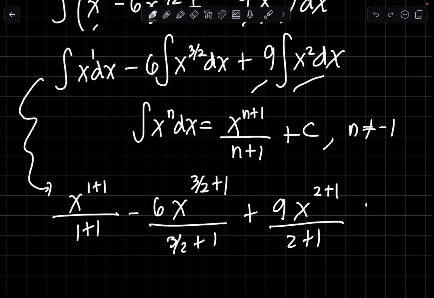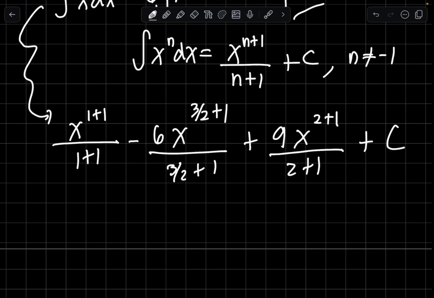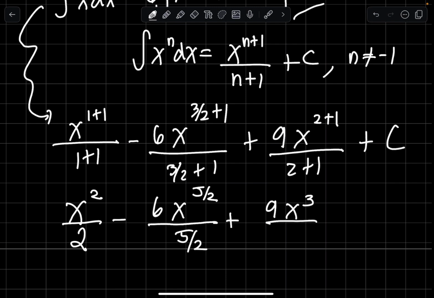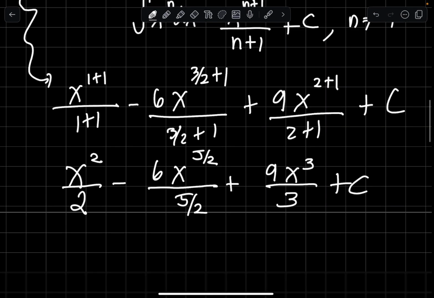Then don't forget to put plus c for the constant of integration. Simplifying, we have x raised to 2 over 2 minus 6x raised to 3/2 plus 1, that will be 5/2, over 3/2 plus 1, also 5/2, plus 9x raised to 3 over 3 plus c.